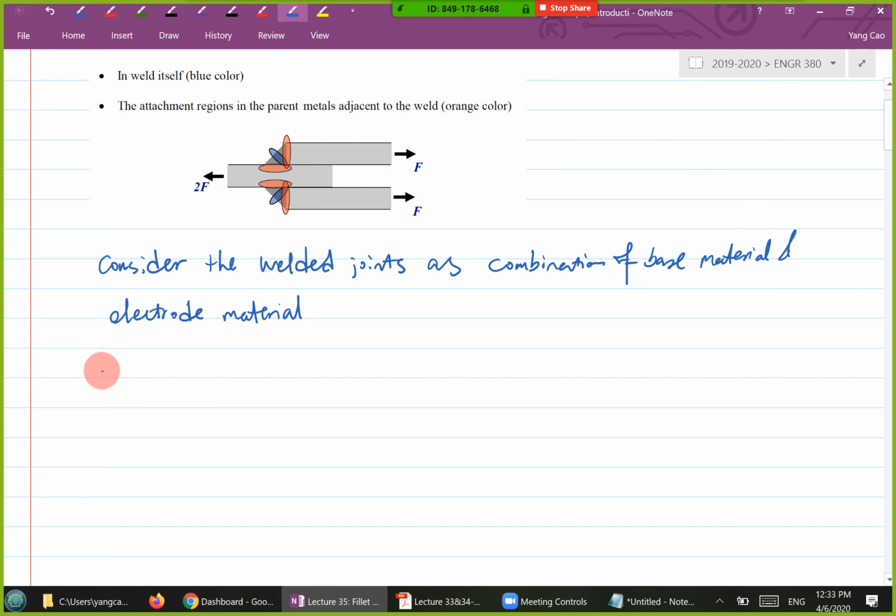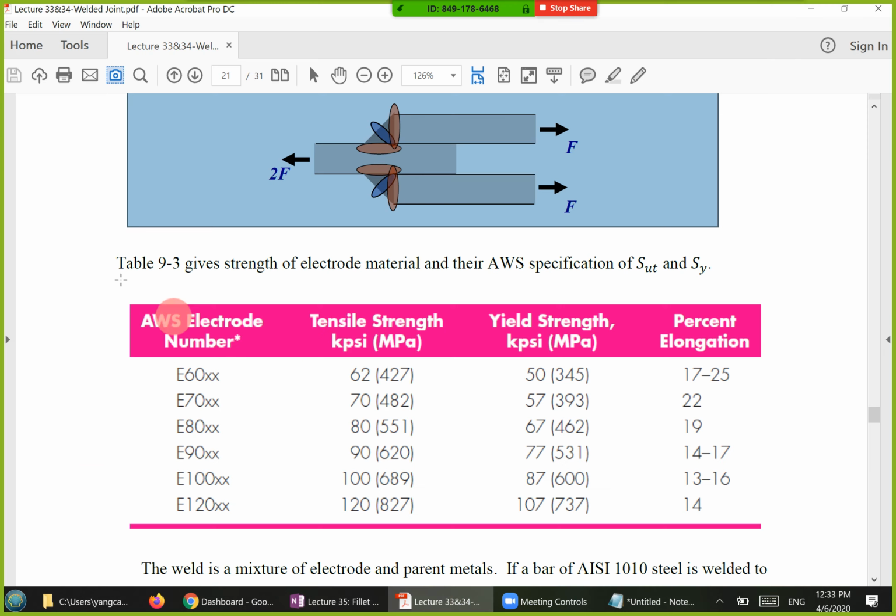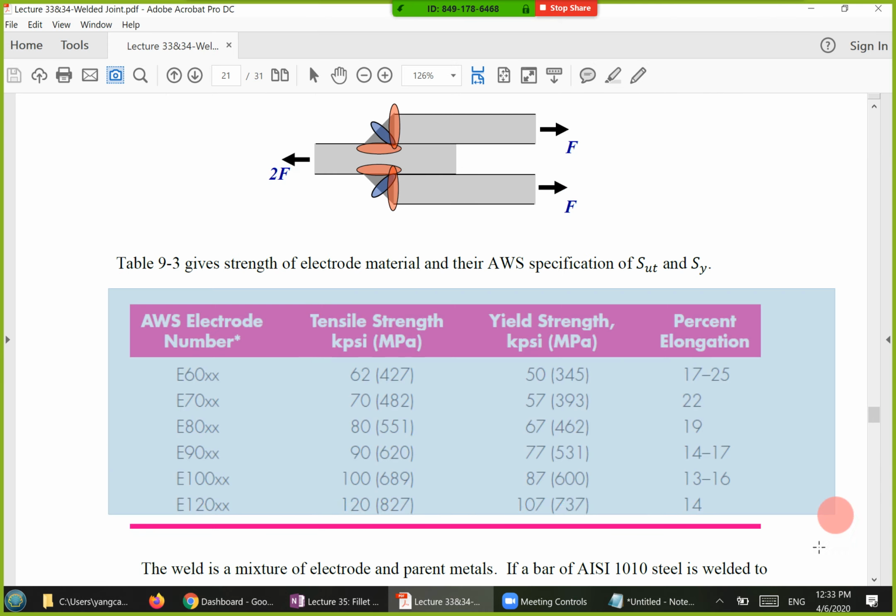And then, as I mentioned, in order to do that, we need to get the material property, right? So for electrode material, we use table 9-3, and this is a table we will use to get the electrode material.